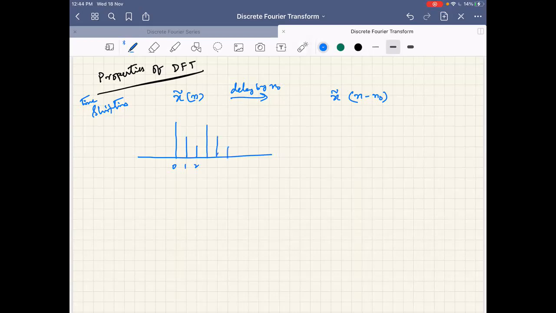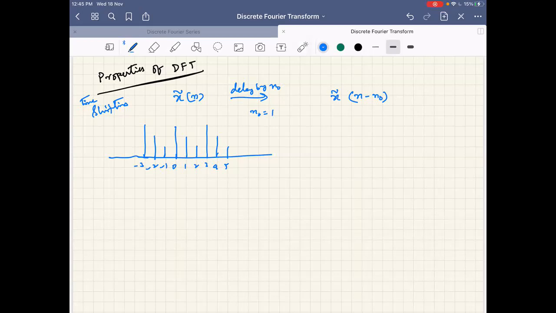So this is our periodic sequence, right? I will not be sketching all the periods, but you can assume 3, 4, 5, and -1, -2, -3. Now let n naught be equal to 1. We are just shifting it by 1 unit.